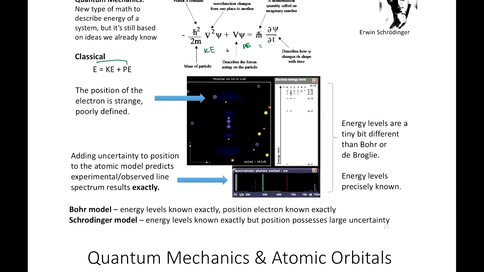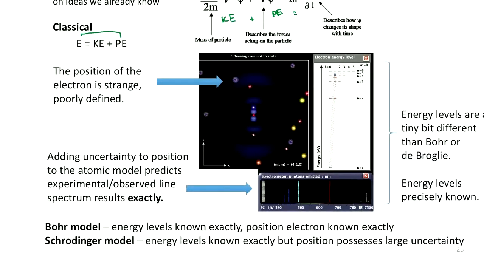Once we have that, we solve for the energy levels of our hydrogen atom. We see that the lines that come from this computer-generated Schrödinger model match exactly what we see in a line spectrum for a hydrogen atom. So the Schrödinger equation 100% correctly predicts the energy levels of our hydrogen atom, even better than what Bohr did. Bohr, he got it like 95% correct, but Schrödinger took it to the next level and made it 100% correct.